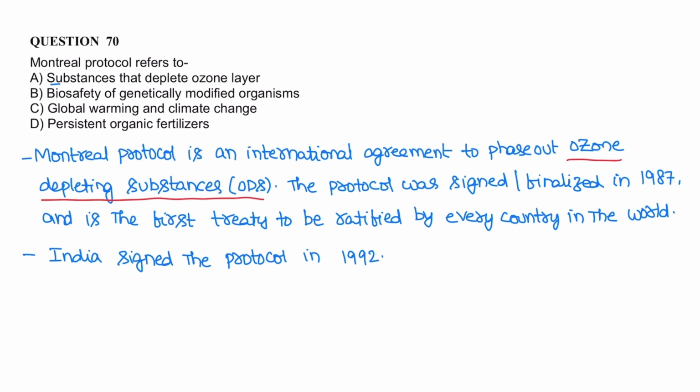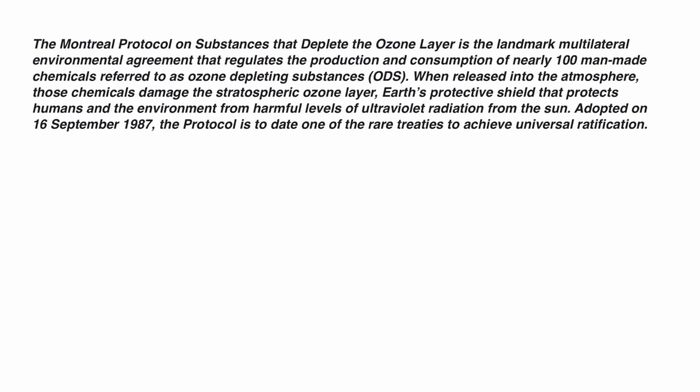This Montreal Protocol on substances that deplete the ozone layer is a landmark multilateral environmental agreement that regulates the production and consumption of nearly 100 man-made chemicals referred to as ozone depleting substances. So correct option is A.